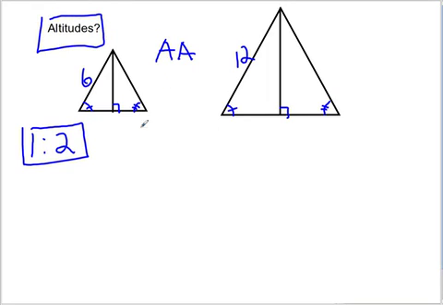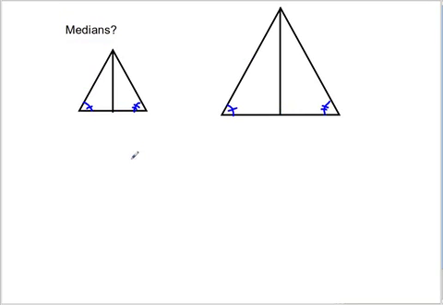Are there any more parts inside triangles that we could discuss today? Yes, there are. So here we have the medians, and remember that the median connects the opposite vertex right here with the midpoint of the opposite side. Let's say we measured these two sides. Let's say this was 4 inches, this was 8 inches, so the ratio is still 1 to 2.